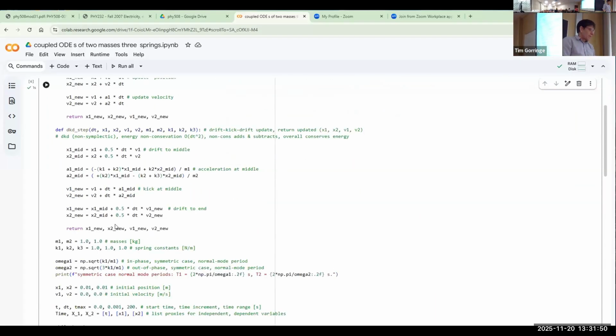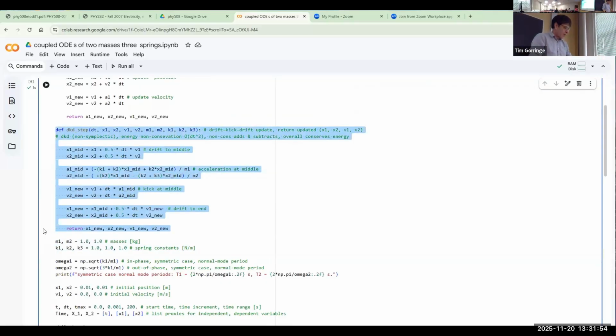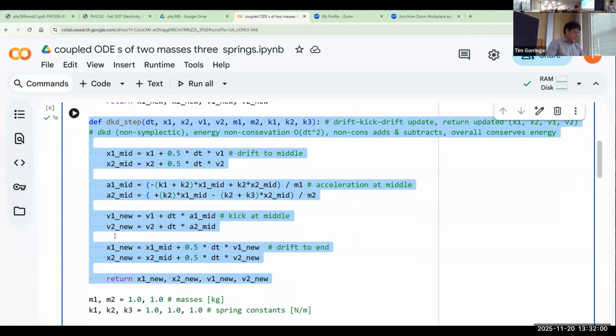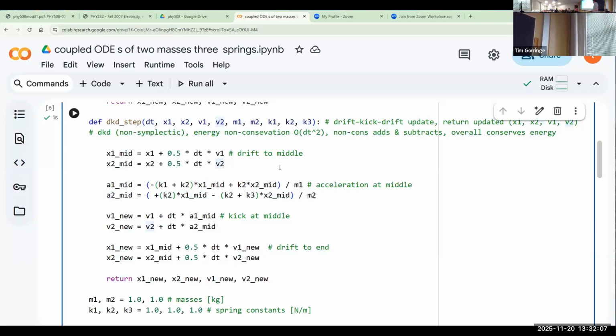So that takes me to this other user function here. I'll try and explain this function. Firstly, the arguments of the function are exactly the same as the Euler method, just passing the same information.